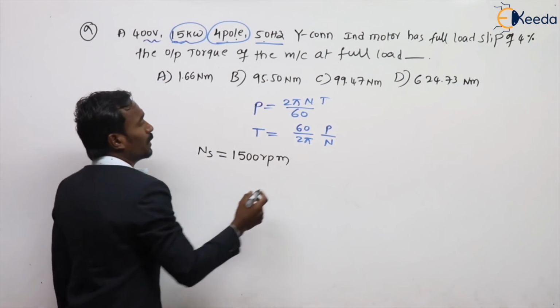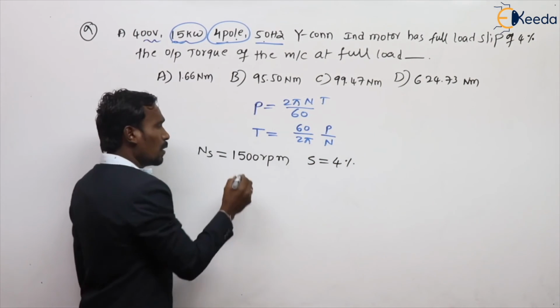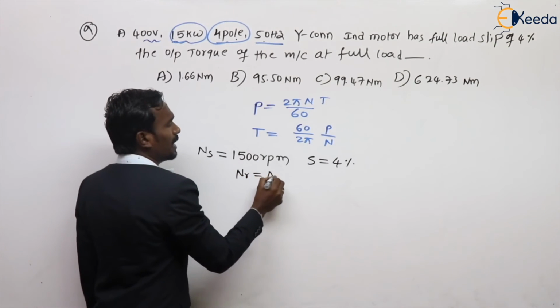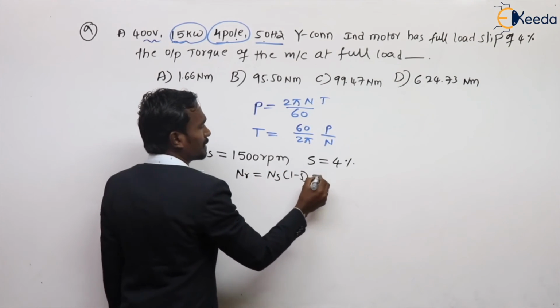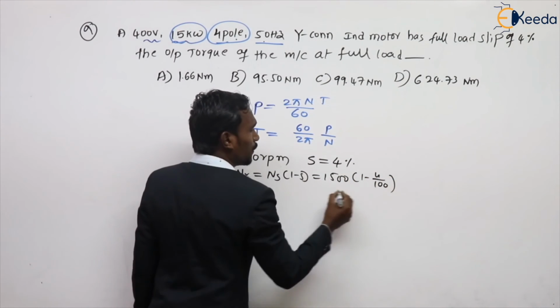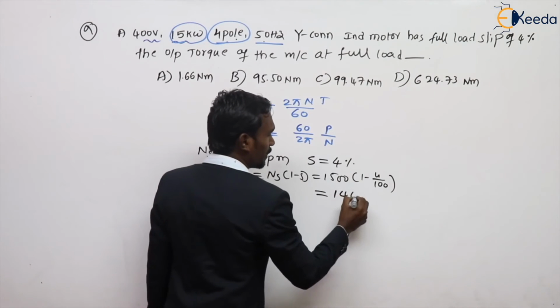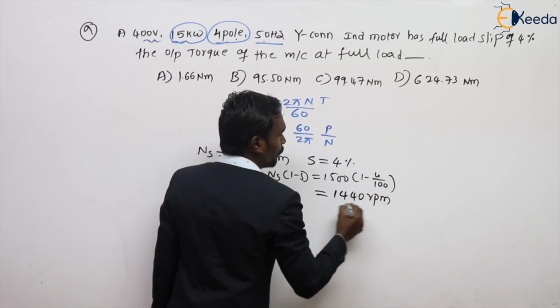Next, what is the slip they have given? The slip is 4%. What is the rotor speed? NR is equal to NS into 1 minus S, 1500 into 1 minus 4%. You will get 1440 RPM.